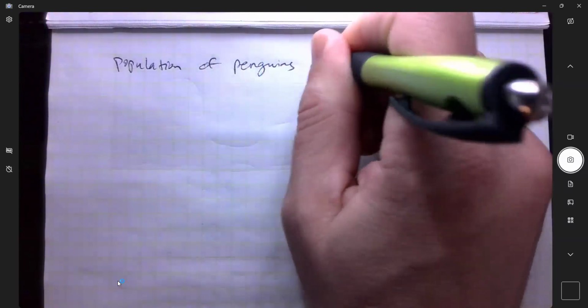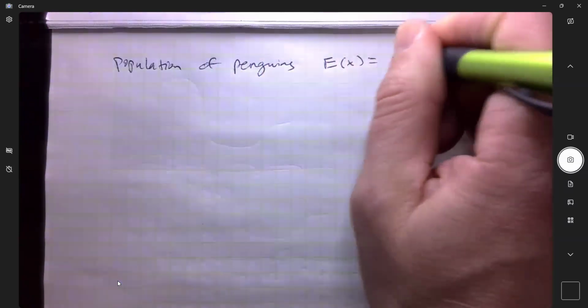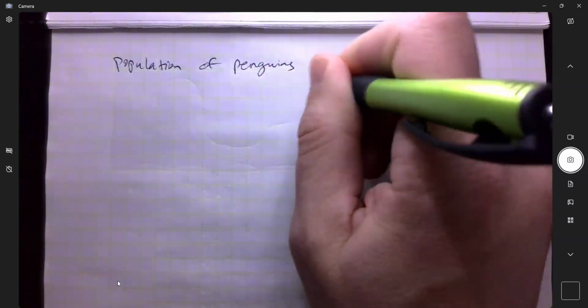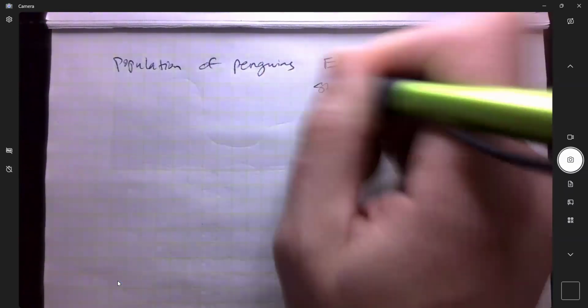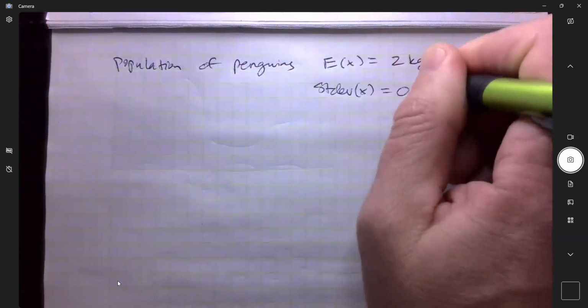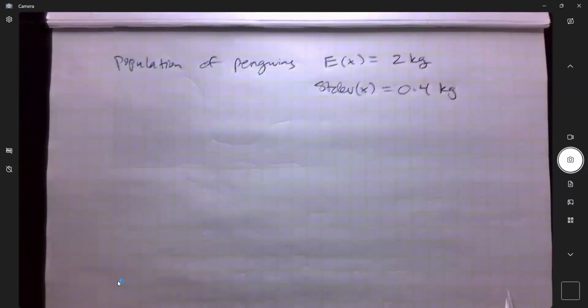Let me rewrite the parameters. Population of penguins. Expected value of the weight was 2 kilograms. Standard deviation for the penguins themselves was 0.4 kilograms.